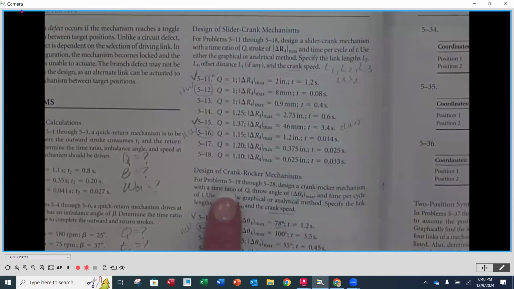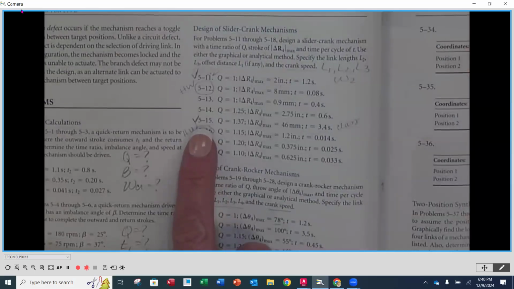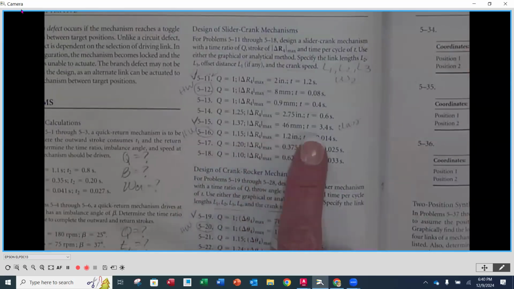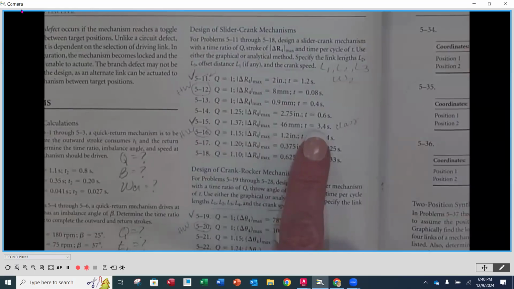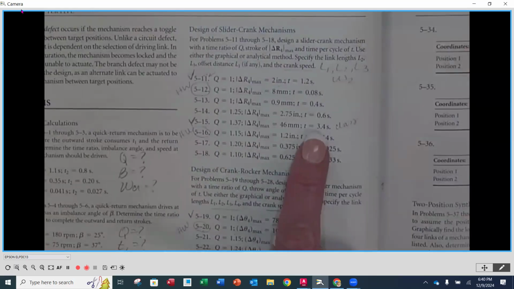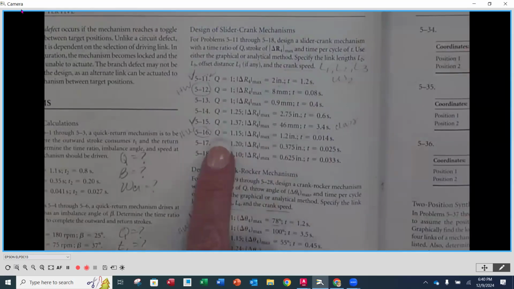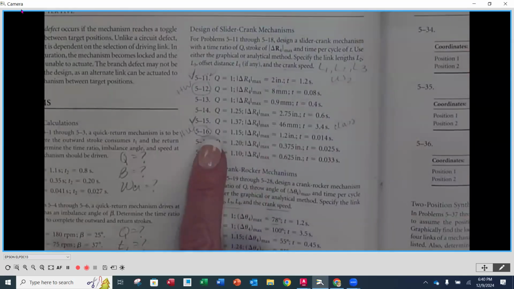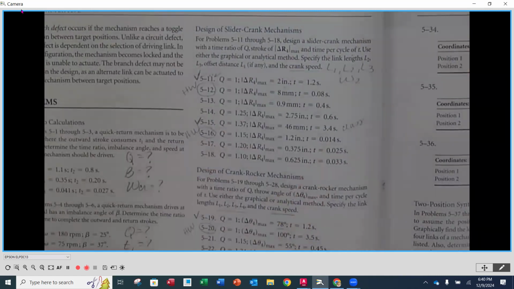So going back to page 120 in that very same section we were in earlier, this time we're going to scooch down to problem 515. It is going to be similar in nature process-wise to 516, which is going to be your homework problem. Okay, so we're going to do 515.